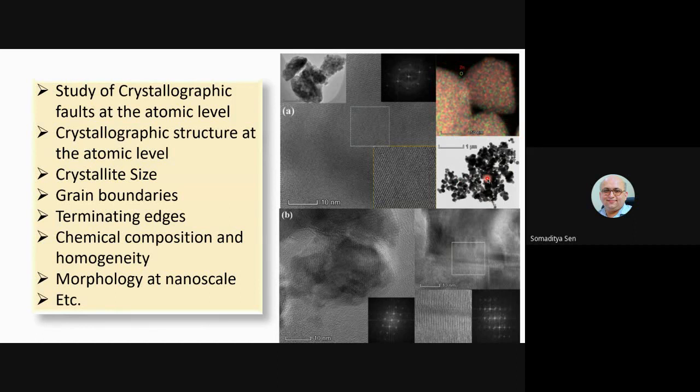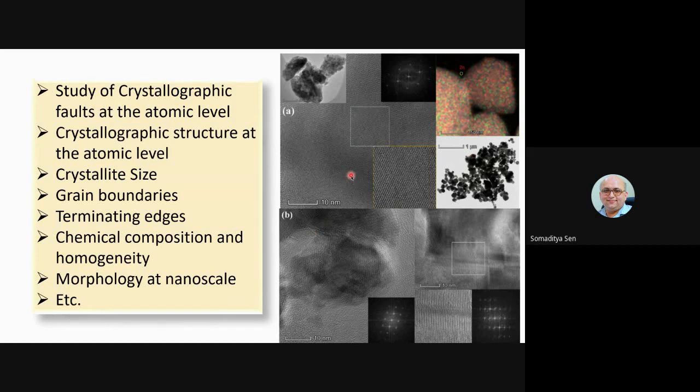There are lots of software packages where you can find out the particle size. And in transmission electron microscopy, you can also do EDX and find at the atomic level what is happening with the homogeneity of the material.